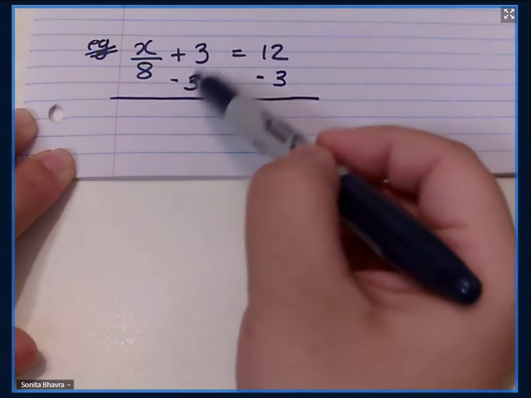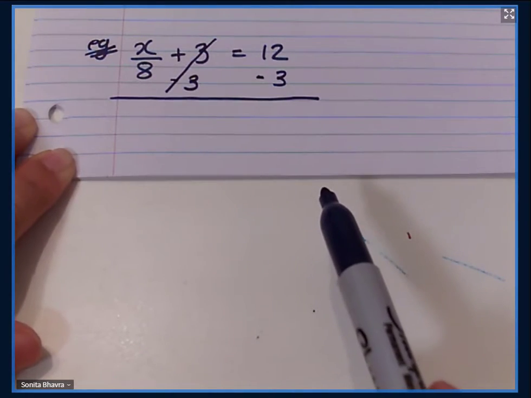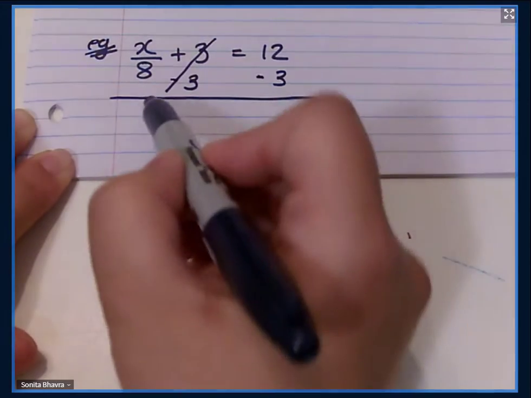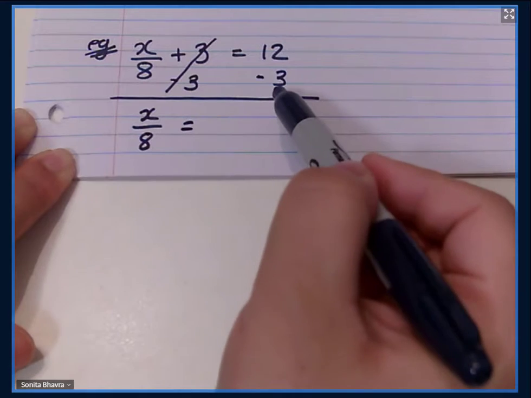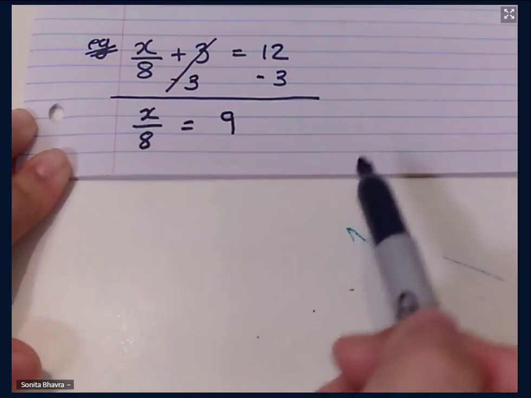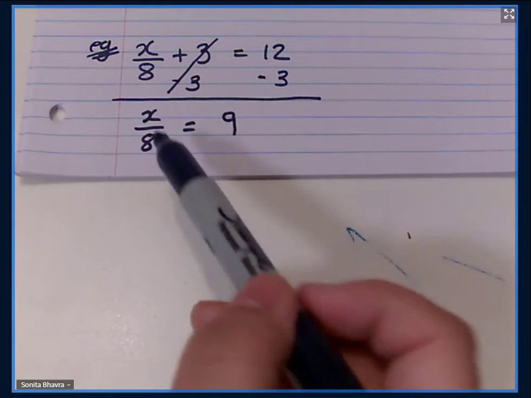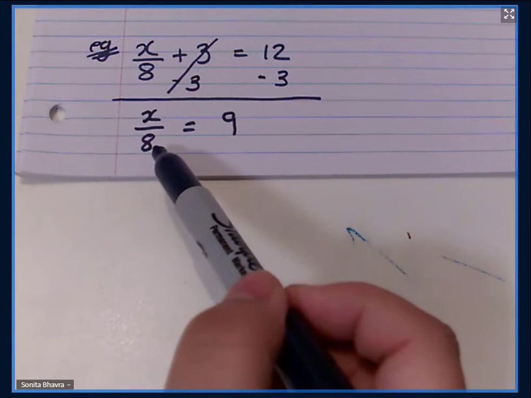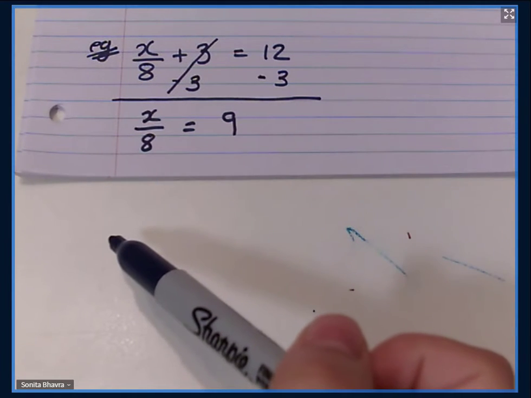All right, so plus 3 minus 3, that leaves us with 0. Positive 3 and negative 3 is just 0. And we're left with x over 8 is equal to 12 minus 3. 12 minus 3 is 9. And last step here, because it's x divided by 8 equals 9, the opposite of division is to multiply.